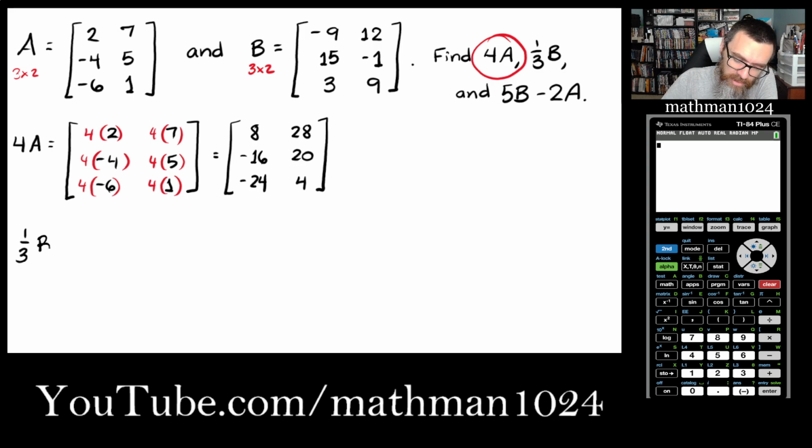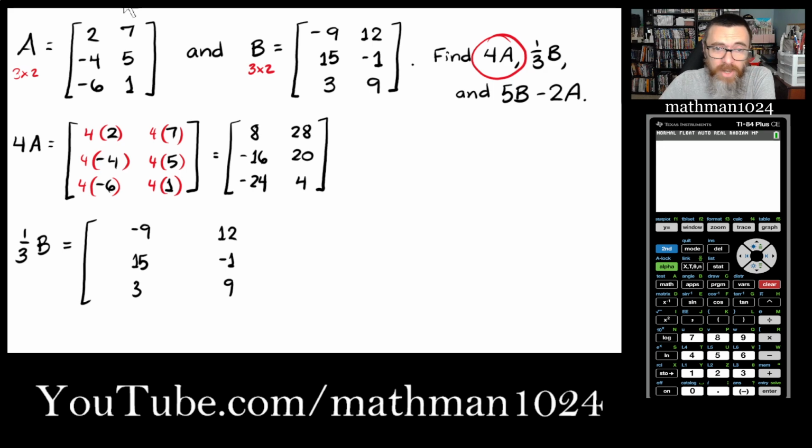If I have 1/3 times B, that means I'm going to take everything that's over here and multiply times 1/3 or divide by 3. So let's do that again like we did before. I'm going to write my entries, and then I need to divide everything by 3 or multiply times 1/3.